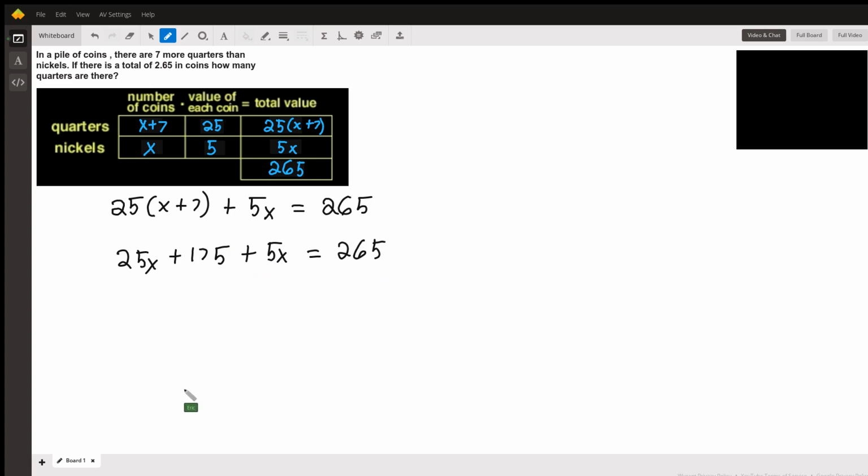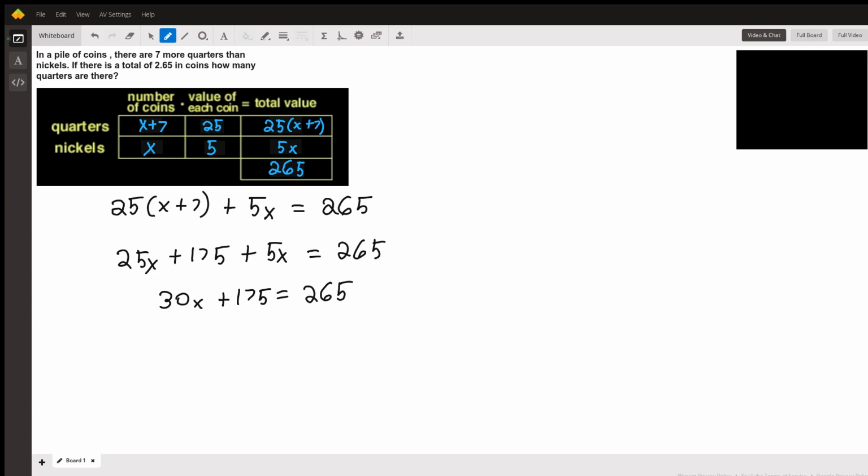Now we can combine like terms on the left side. 25x plus 5x simplifies to 30x, plus 175 equals 265.